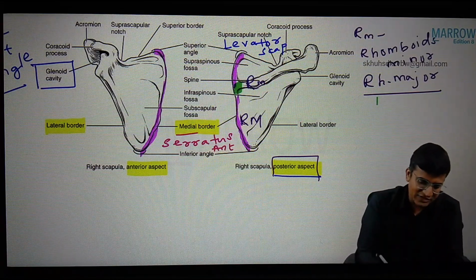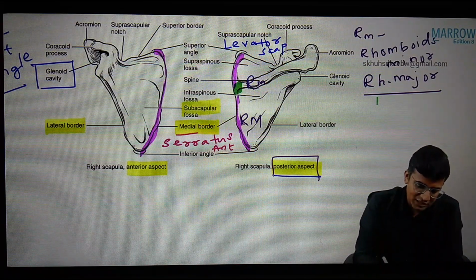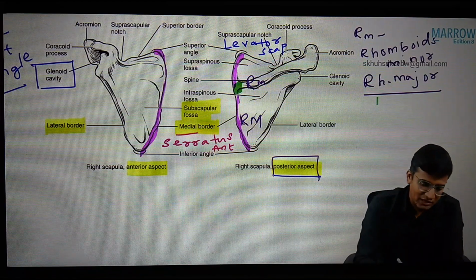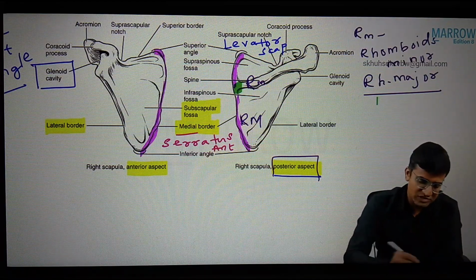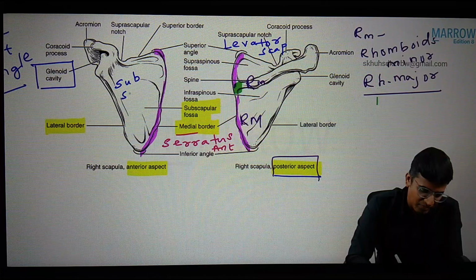The entire anterior surface, that is the subscapular fossa, including the lateral border, gives origin to one muscle. Which muscle? Subscapularis muscle.